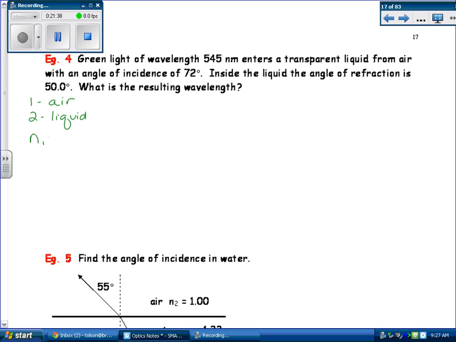We don't need the index of refraction anyway. Lambda 1 is 545 times 10 to the negative 9 meters, right? Nano is times 10 to the negative 9. Theta 1 is 72 degrees, and theta 2 is 50 degrees. We're trying to find lambda 2.